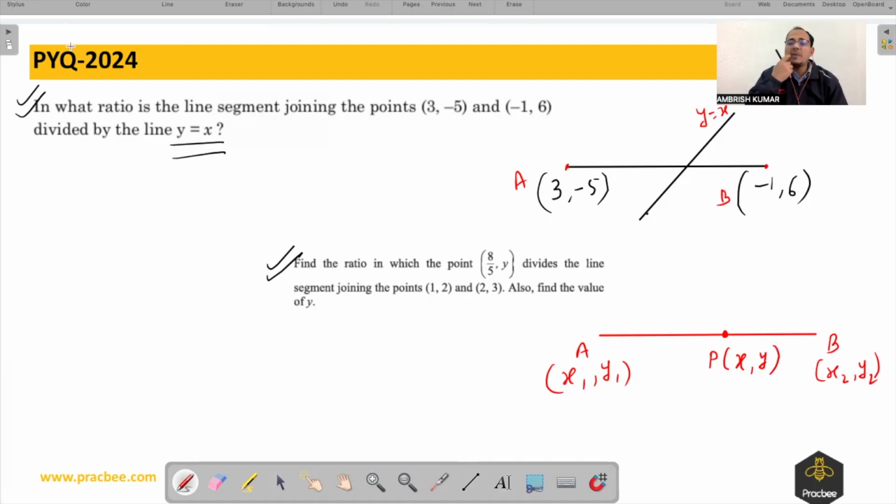Whenever we have to assume the ratio, we assume the ratio as lambda and 1. Or we can also take the ratio as m and n.